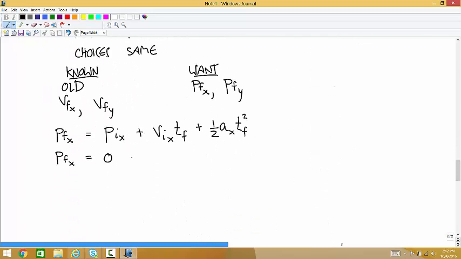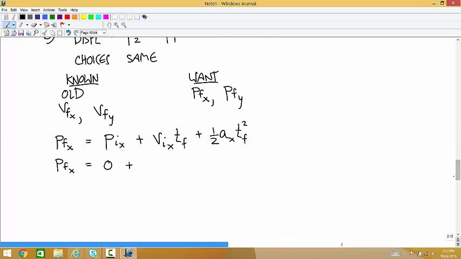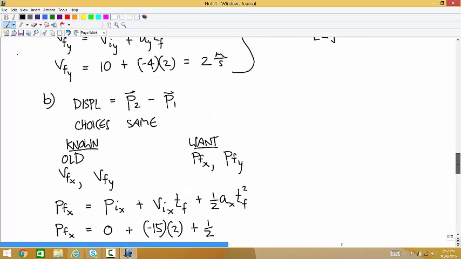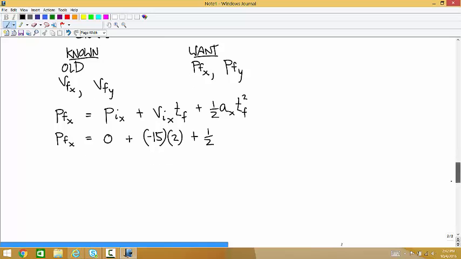PIX was equal to 0. VIX, what was that? Yeah, so minus 15. TF is 2, plus 1/2. AX is 2. And then TF is 2, and we're going to square that. So this is negative 30. This is 4. And so PFX is equal to negative 26 meters.